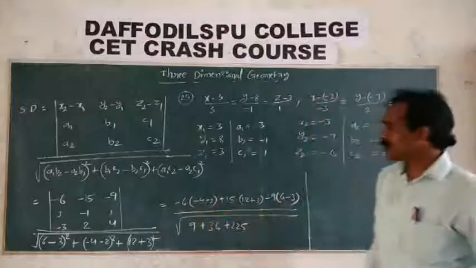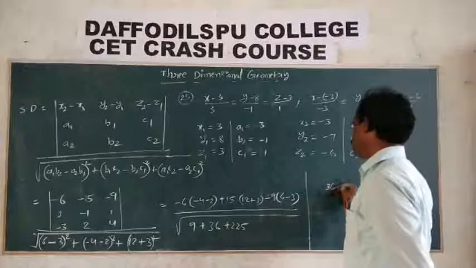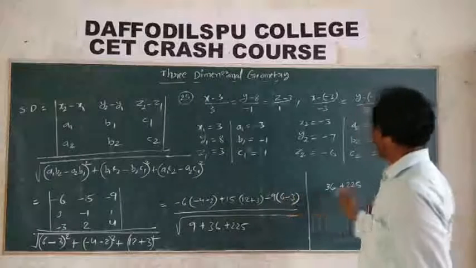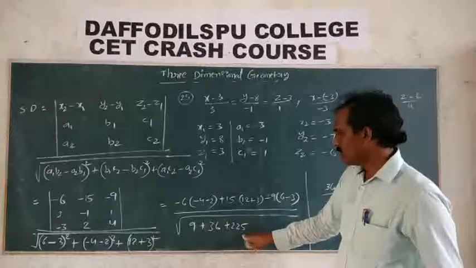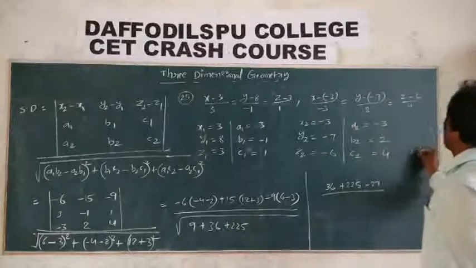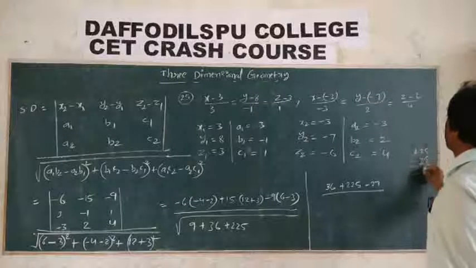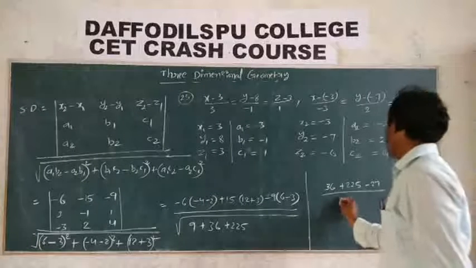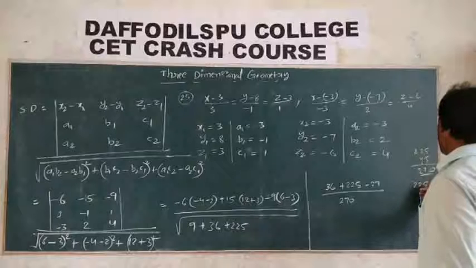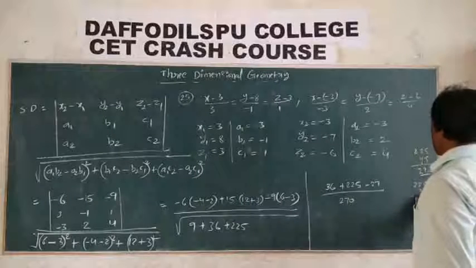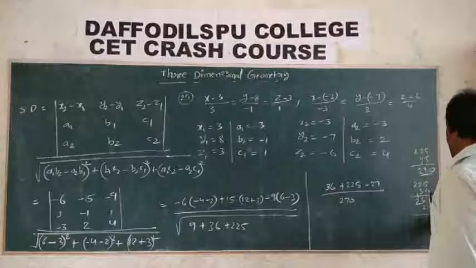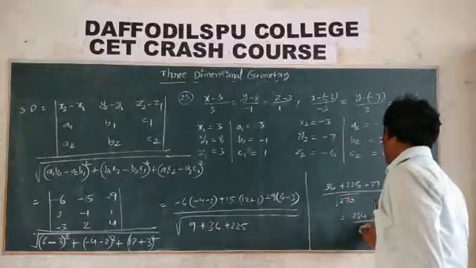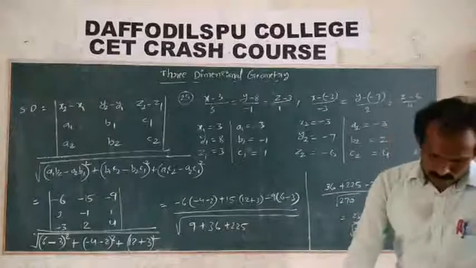Minus 4 minus 2, minus 6 into 6, 36, 15, 225, 6 minus 3 minus 27, so divided by 225, and this value 45, 225, 270, so this is under square root divided by 270, that is the value.